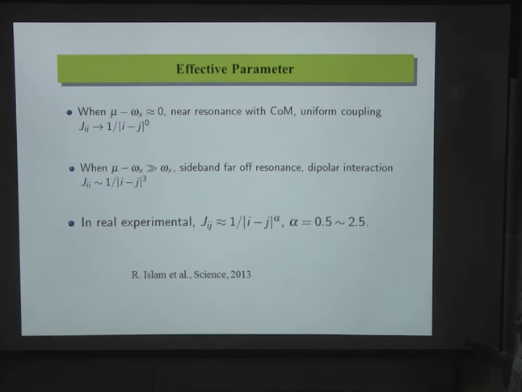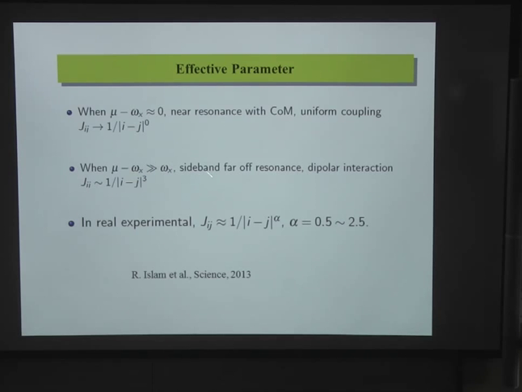And the first thing we note is that we have a long range interaction here, and you can tune the effective interaction range by this laser detuning. When the laser detuning is close to the center of mass mode, we almost have a constant interaction. And when the laser detuning is far away from that, we have a 1/r cubed interaction, that's a dipole-dipole interaction.